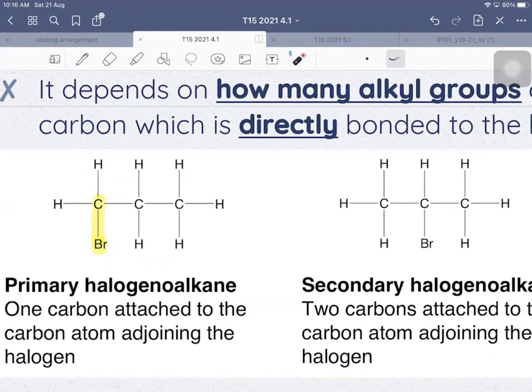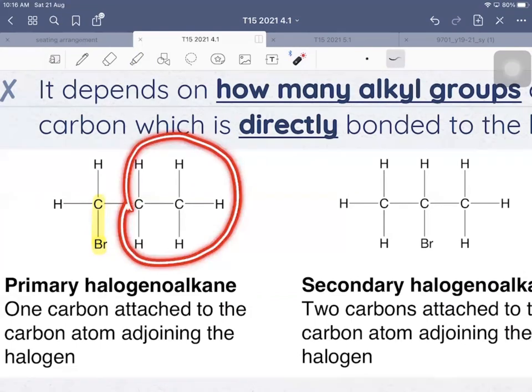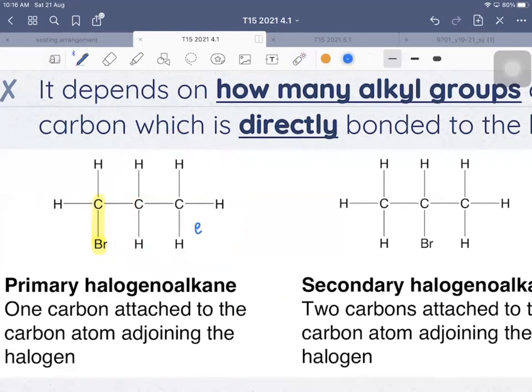It has to be the direct bonds. On this highlighted carbon, there's one hydrogen, a second hydrogen, and this is your alkyl group, called the ethyl group. C2H5 is an ethyl group, and it is an alkyl group. So you only have one alkyl group, therefore we call it a primary halogenoalkane.